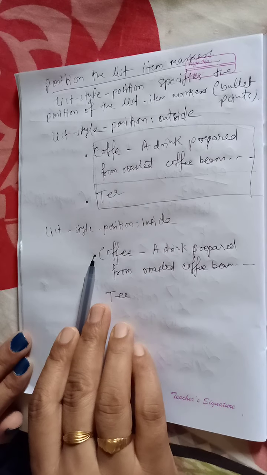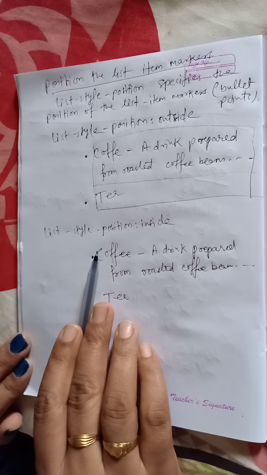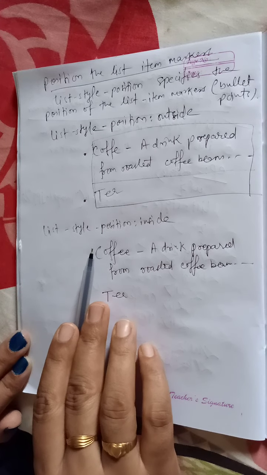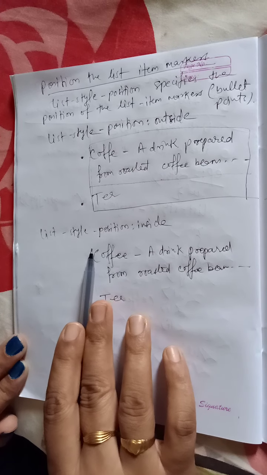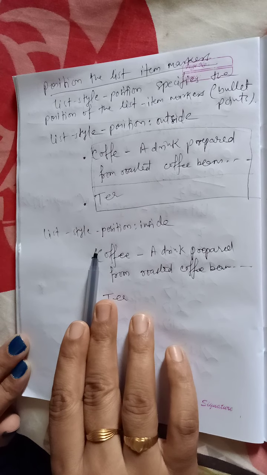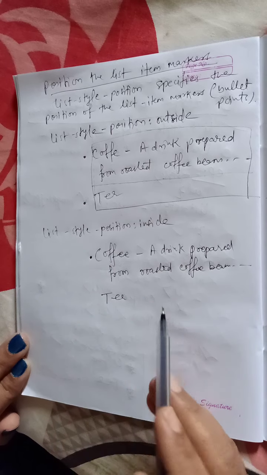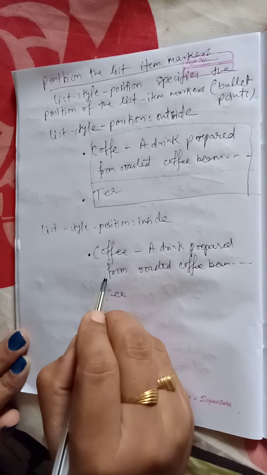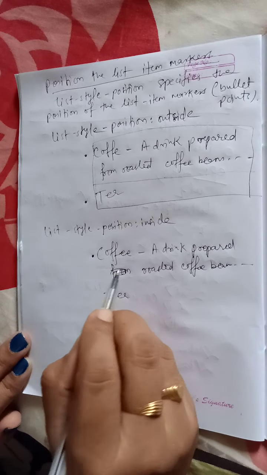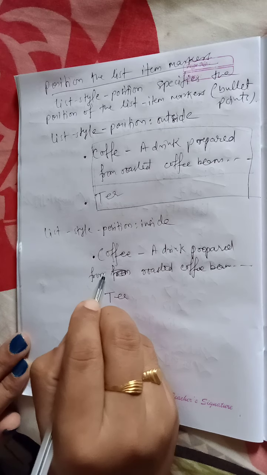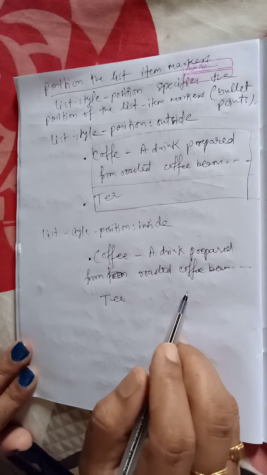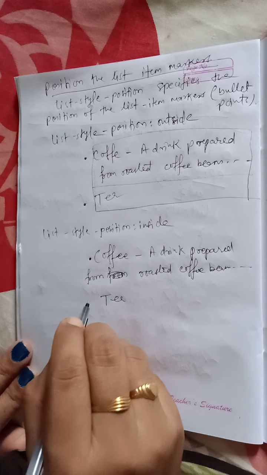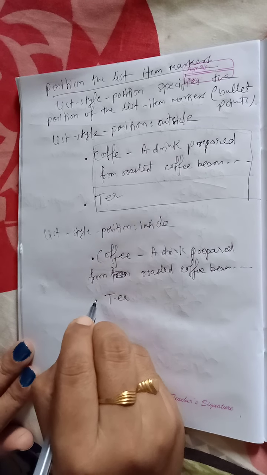So when it is included, it will be moving this coffee, instead of this alignment, it will be making it move a little bit inside. Thus in my output, this text will not start from this place, rather it will be from this location, from roasted, and this will continue. Okay, tea will be here.